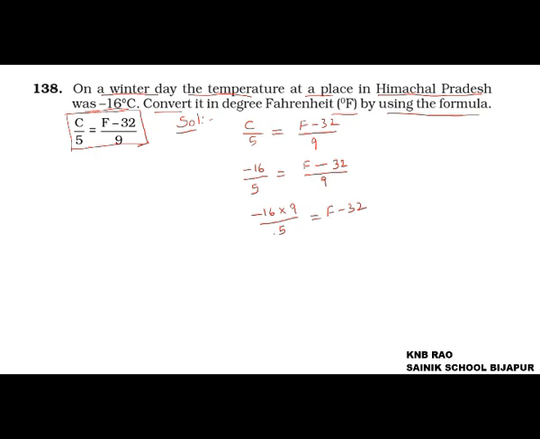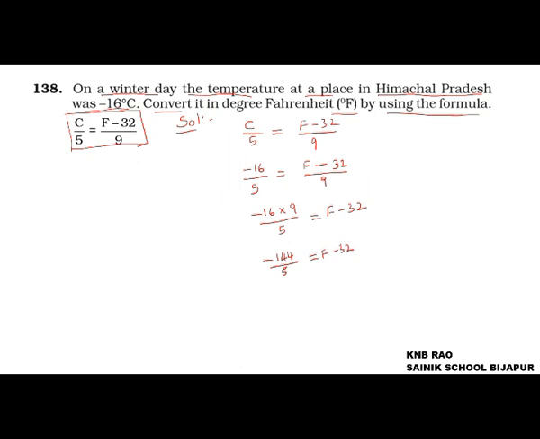Now here you can simplify by cancelling 16 with this 5, or you can keep it as it is. 16 nines are 144. Because of the minus sign, minus sign remains as it is. So minus 144 by 5 equals to F minus 32.